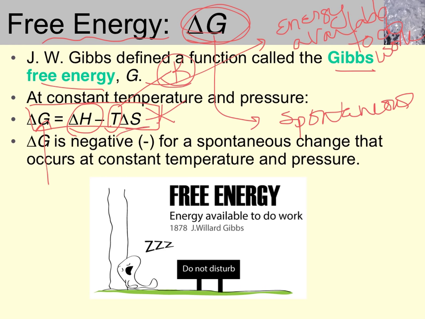So as you can see, the free energy for a reaction is dependent on enthalpy, entropy, and temperature. Delta G has a mathematical sign of negative for a spontaneous reaction. So it's energetically favorable if it has a negative sign. If delta G has a positive sign, that process is non-spontaneous.